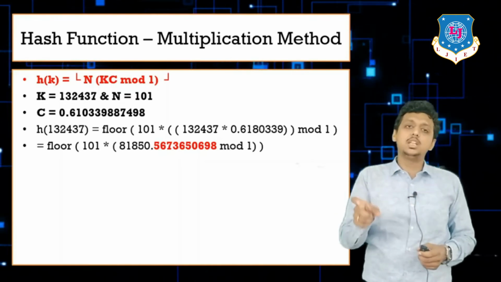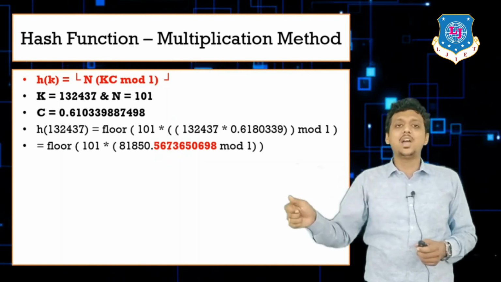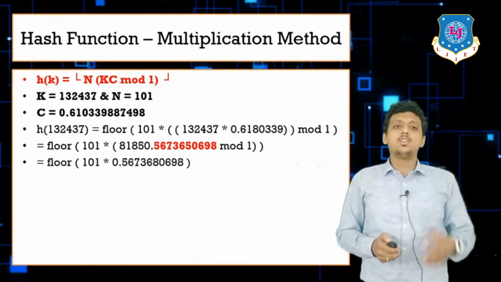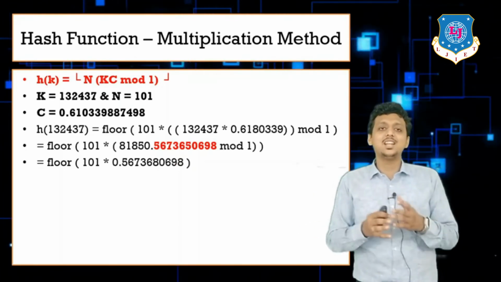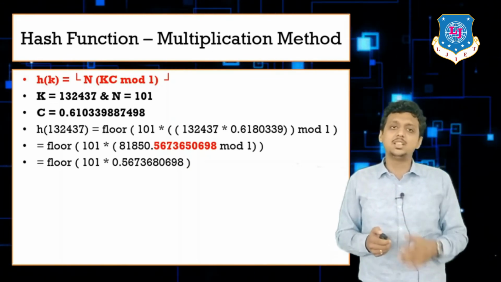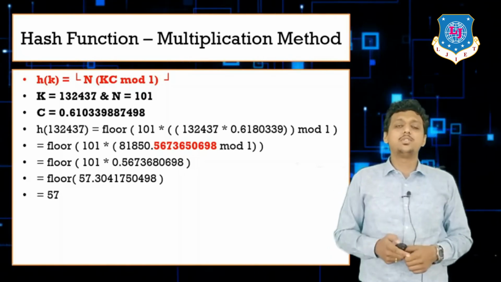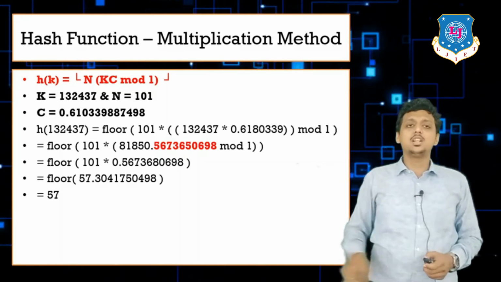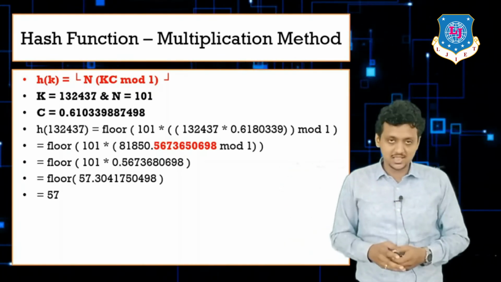When you apply mod 1, it returns the fractional part, that means 0.567350658. So now we multiply 101 with that, and it returns 57.304. The floor value of that is 57, and that becomes your index value. So if you want to insert 132437, you can insert it at index 57.